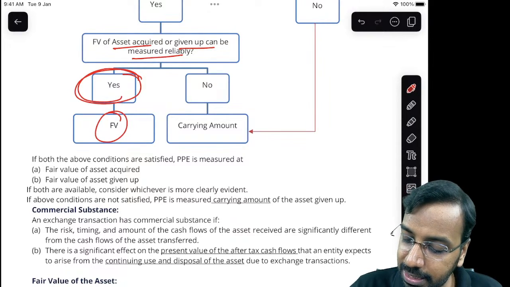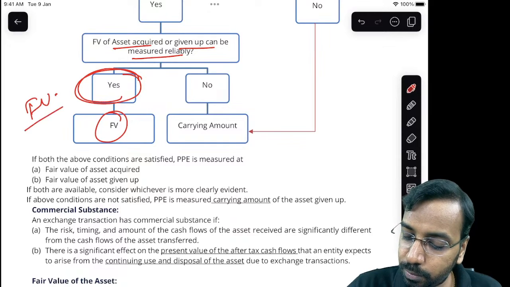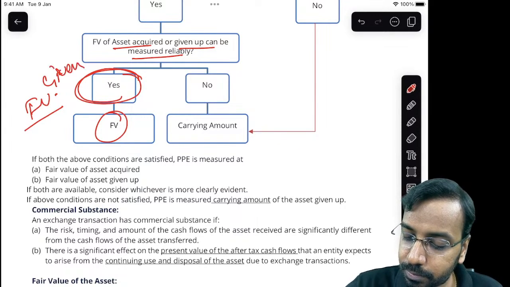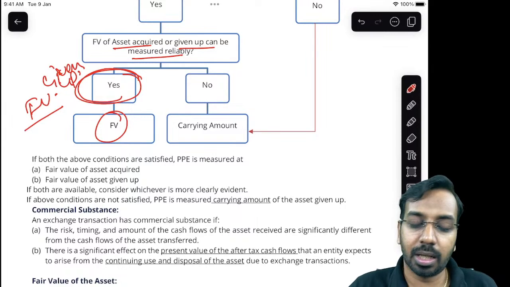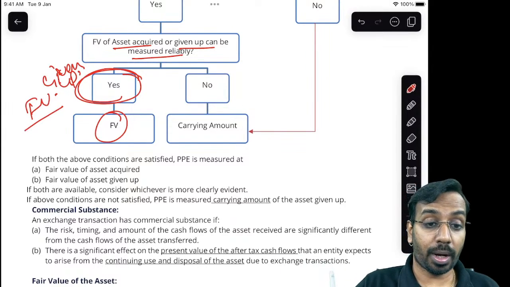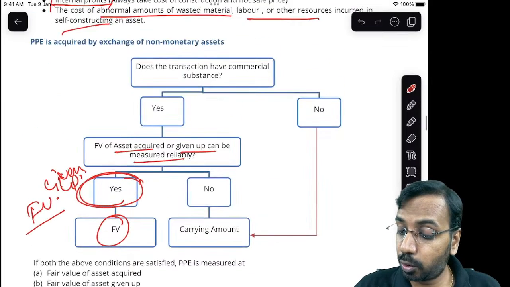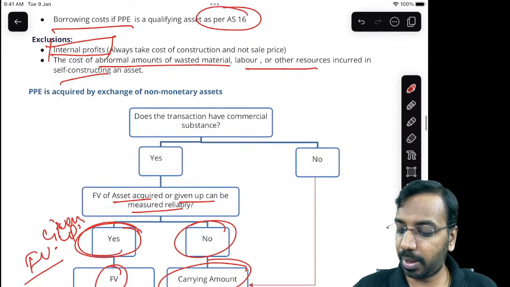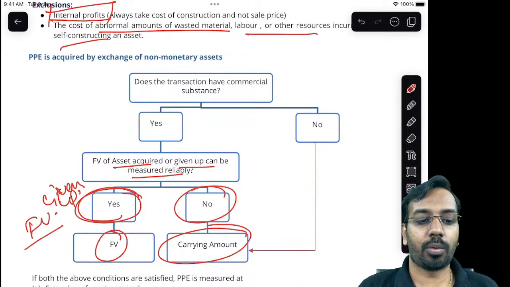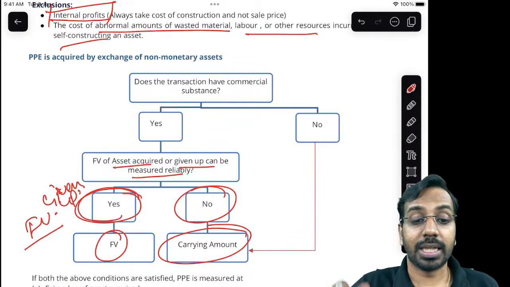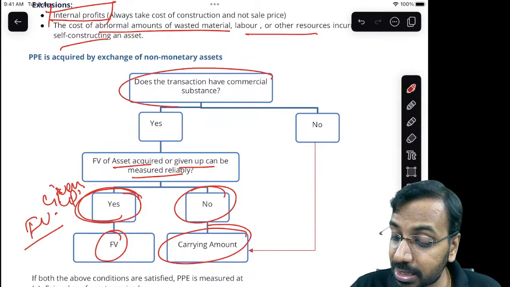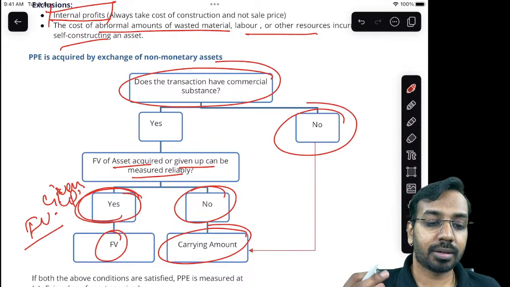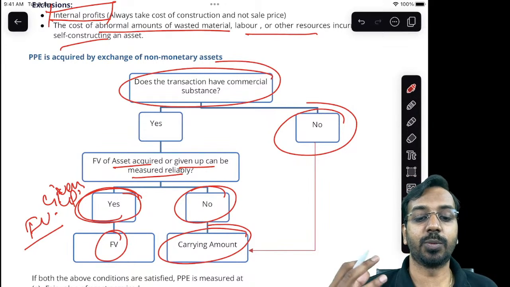So first you will always see the fair value of the asset given up. Then if that is not there, the fair value of the asset acquired. If you cannot determine the fair value, then you will take the carrying amount. If the transaction doesn't have commercial substance, in that case also you will take the carrying amount of the asset which is being given up.